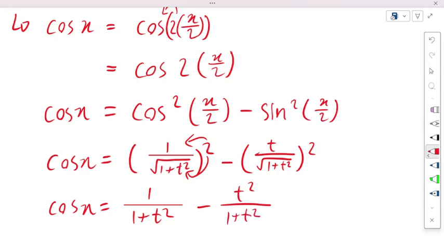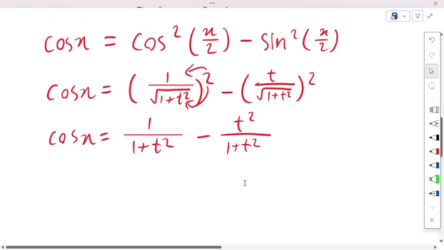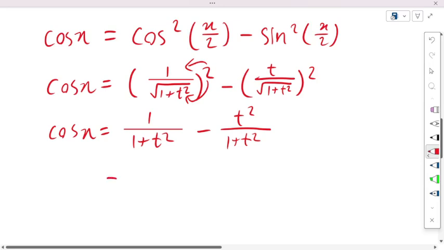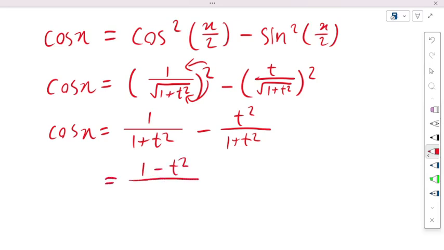Okay, same thing with the other denominator. And then from here, let's write this as one fraction. So it's simple, right? So we can rewrite it as 1 minus t squared divided by 1 plus t squared, which is equal to cosine x. Okay, that's as far as we can go right now.